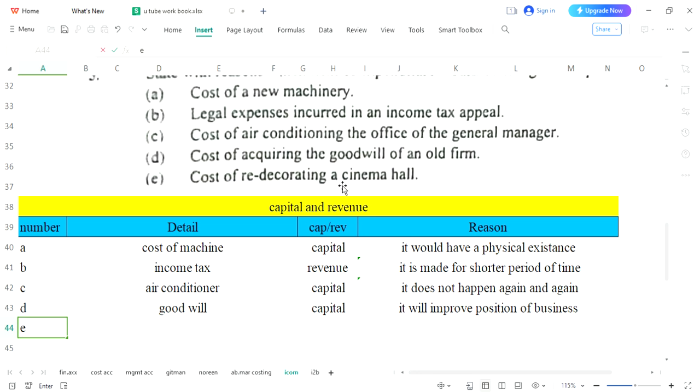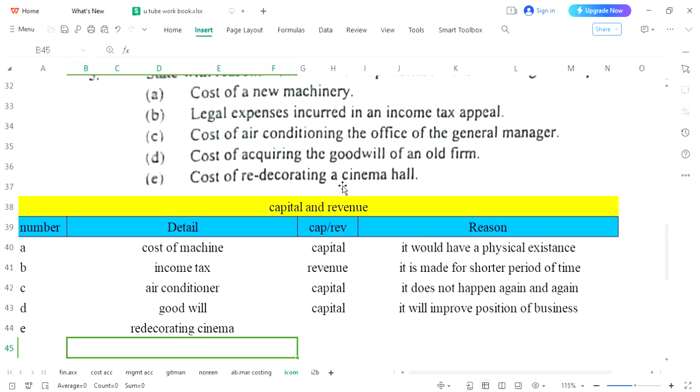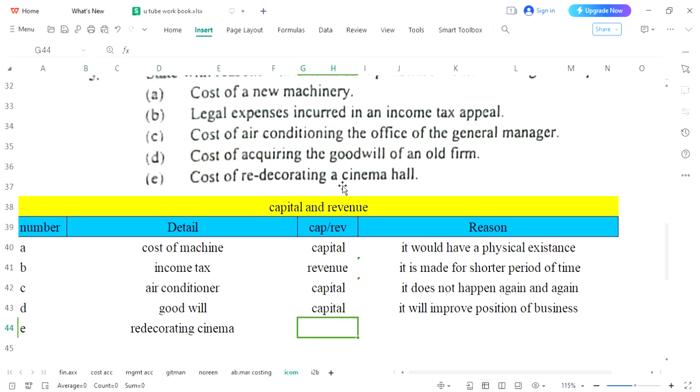is redecorating cinema. This is debatable. Now please understand that cinema is something which would be visited by the audience and the viewers frequently. And cinema is a commercial place. You cannot afford a dirty cinema, or structure, seats or walls not being up to date.